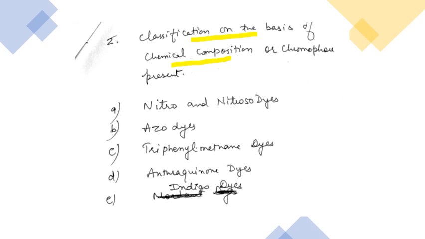Now we can also say this classification is on the basis of the chromophore present in the dyes, because I have said that the group which is responsible for the color in the dyes, on the basis of that the classification depends. It can be said to be the chemical composition, and the groups which are responsible for the color are called chromophores, a term put forward in the various theories to understand dye coloring.